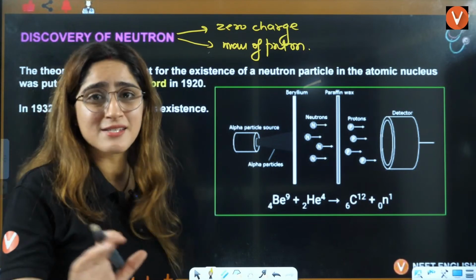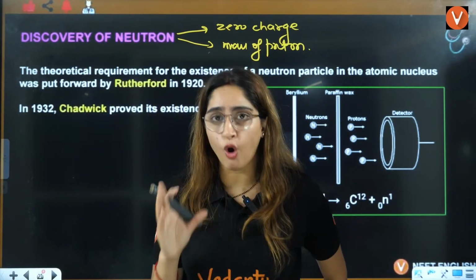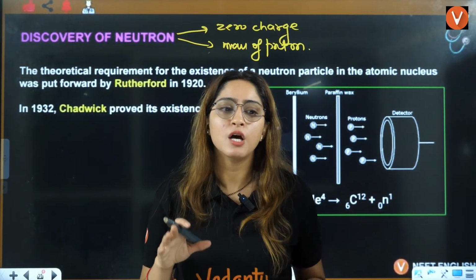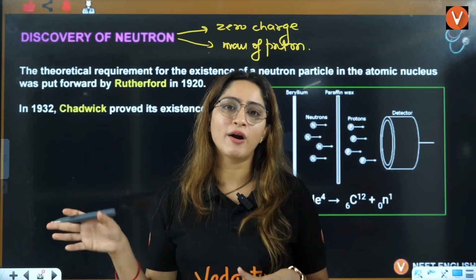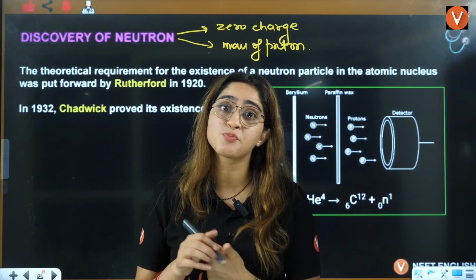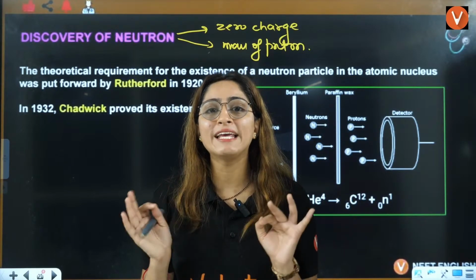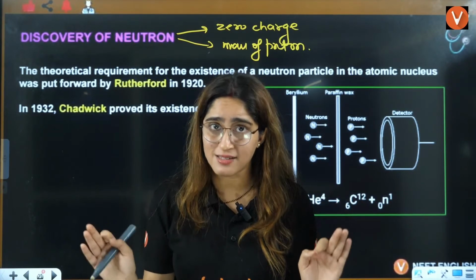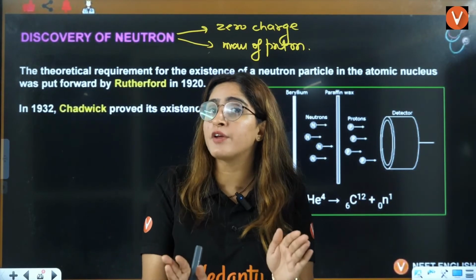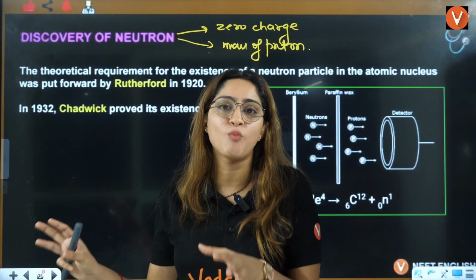And we will discuss the models also today, Thomson model, Rutherford model. So when Thomson was making his model, when Rutherford was making his model, they had no idea that neutron exists. Neutron discovery was after Thomson model, right?